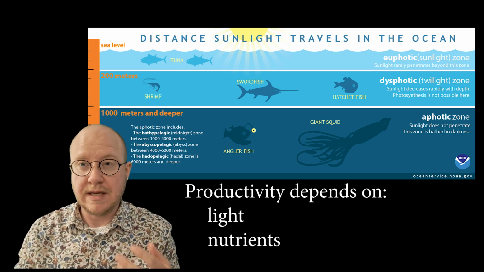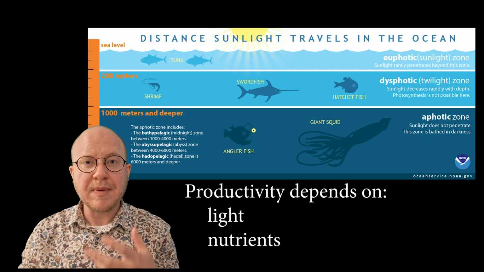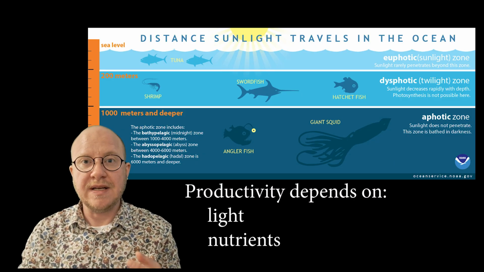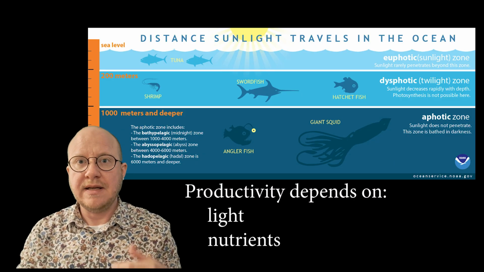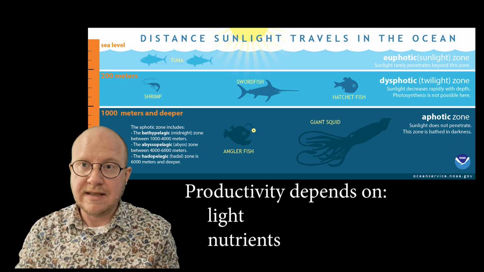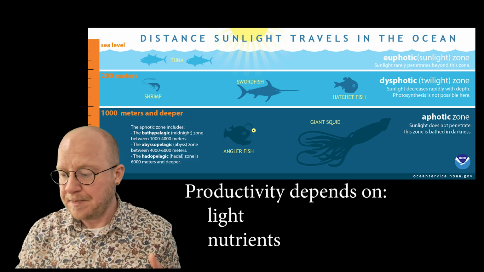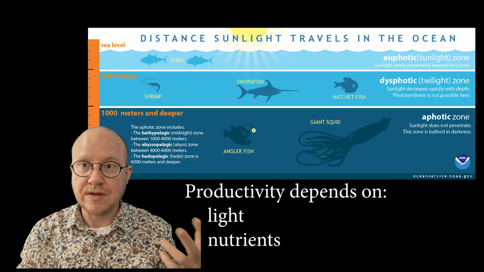Are there nutrients that the plants need and the animals that live there? Okay, but particularly the producers, they need iron. The little plankton need different types of minerals and nutrients, phosphorus, nitrogen, etc.